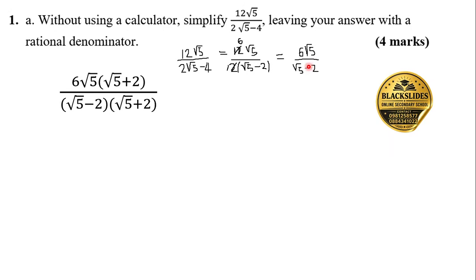In order to do that, we multiply the numerator, which is 6 root 5, and the denominator, which is root 5 minus 2, by the conjugate of root 5 minus 2. The conjugate of root 5 minus 2 is root 5 plus 2. Just change the sign there. Remember that you should never cancel these two, because you end up multiplying by 1, and it will take you back to that expression.